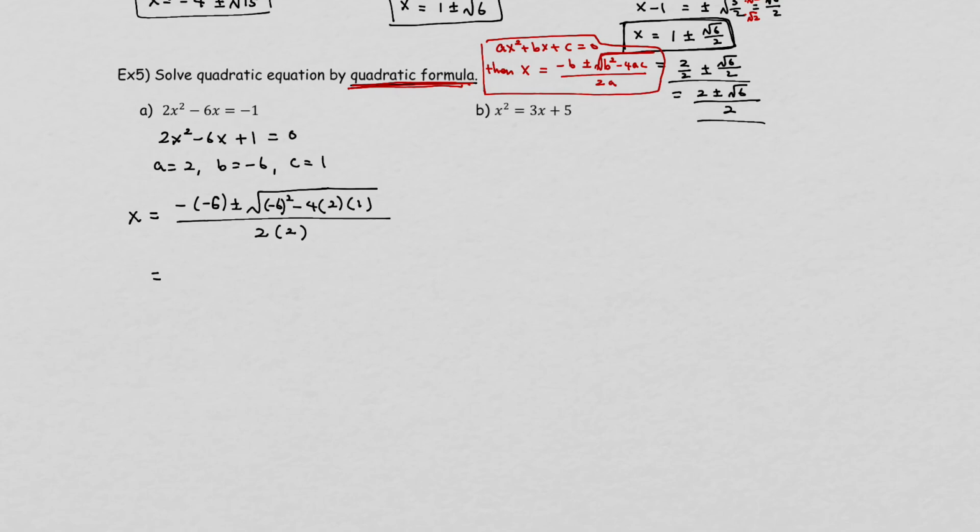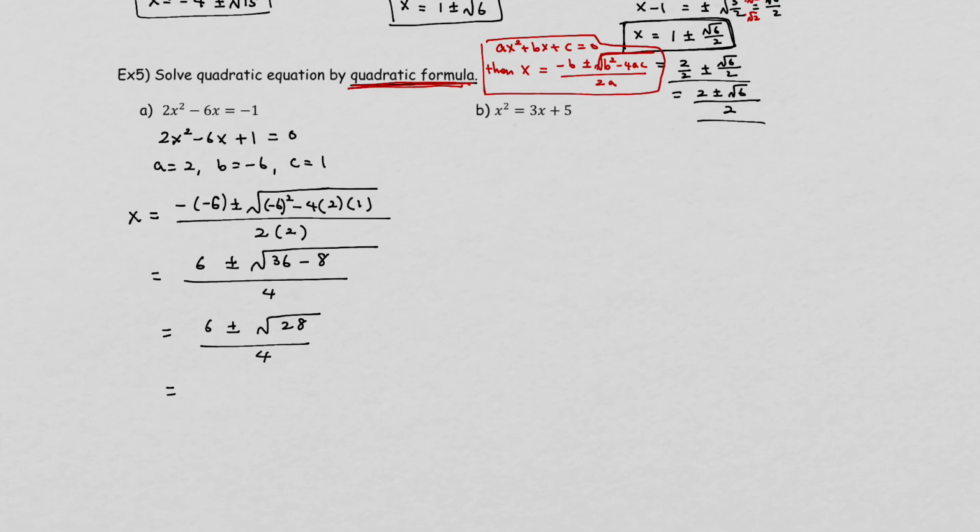Once you replace it into the formula, you just need to simplify. So this is going to be 6 plus or minus square root of 36 minus 8, all over 4. And simplify further, the square root inside is 36 minus 8, so it will be 28 over 4.